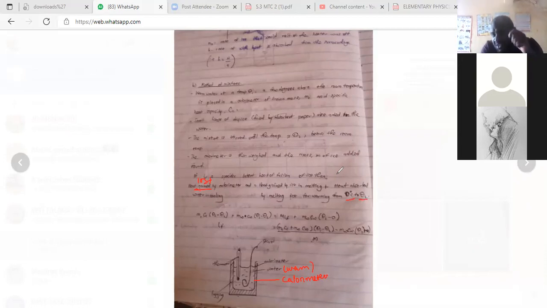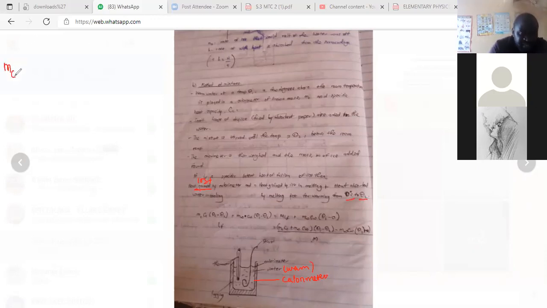Because when ice finishes melting, as we get a uniform distribution of temperature, the temperature of the melted ice starts increasing from 0 degrees Celsius. So we have that energy because of the increase in temperature from 0 to θ2. Then we have the energy required to melt the ice.